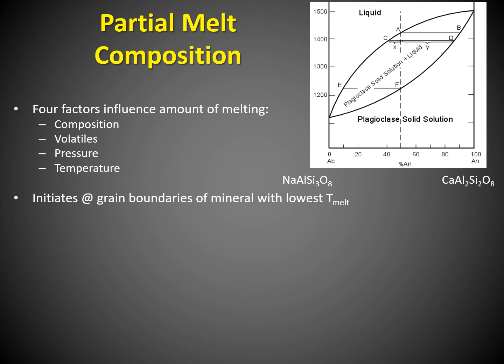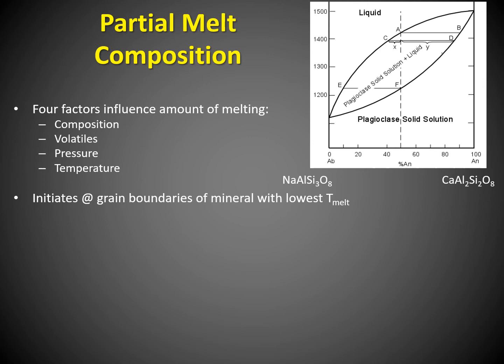Okay? This shows the difference in melting temperatures based on composition. Okay, so this line right here, and then we have this line right here. Below this temperature, what do we have?